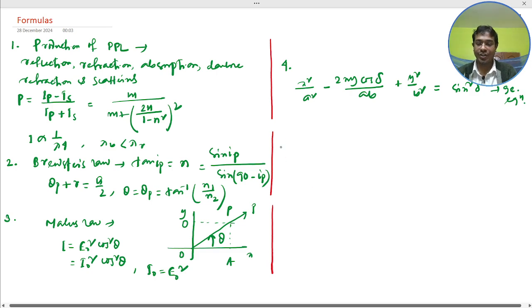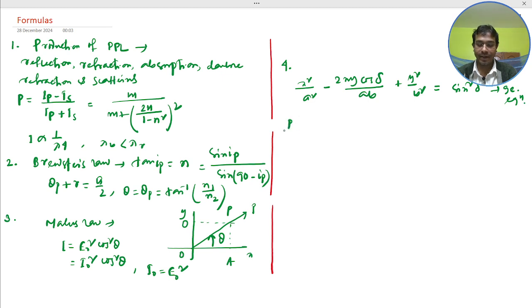For plane polarized, this is very important. For plane polarized or linear polarized, delta is 2m pi, an even multiple of pi. So y would become b by a into x, basically b by a means tan theta, so y equals tan theta x.